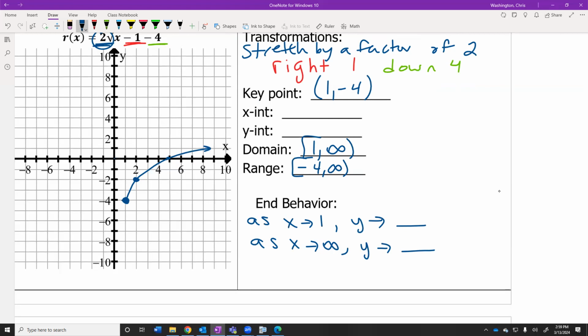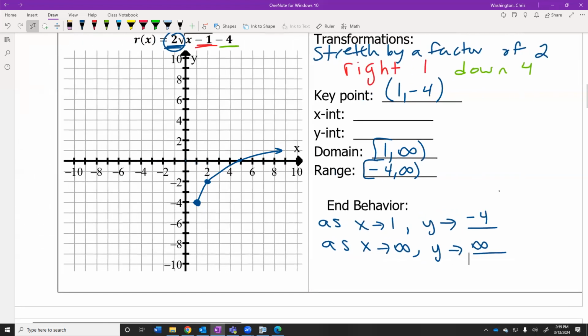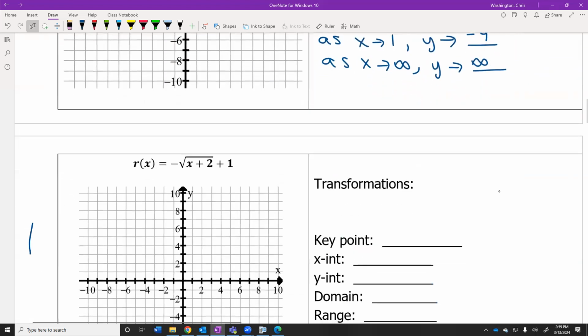So as I get closer and closer to X equals 1, I get closer and closer to that key point. What are the Y values going to end up equaling? -4. And as we go further and further to the right, what are the Y values gonna end up equaling? Infinity.